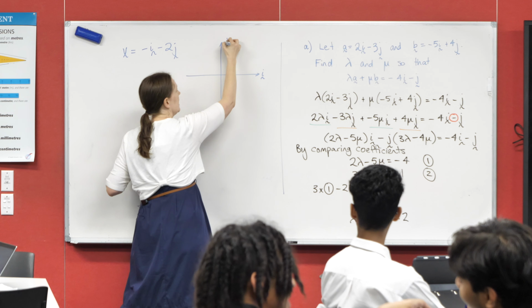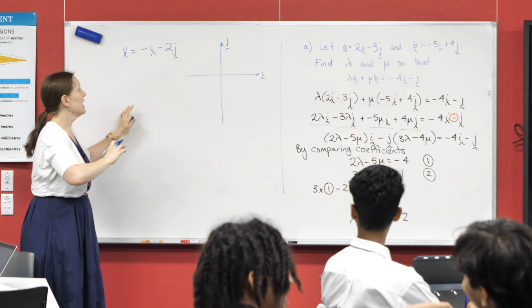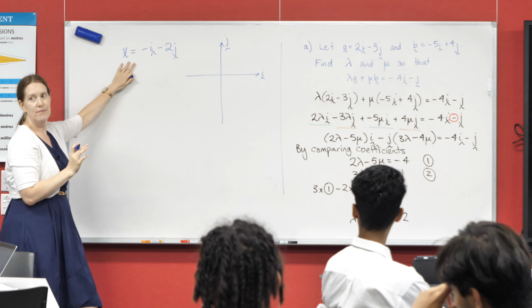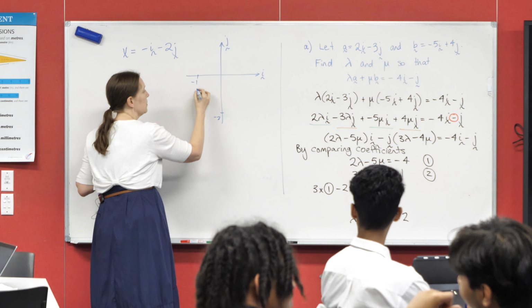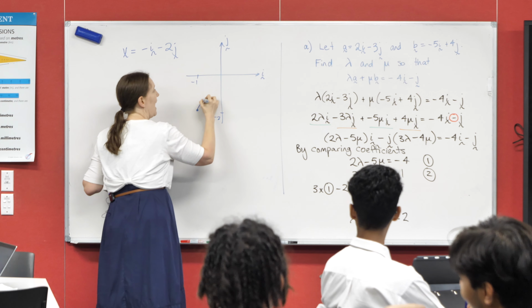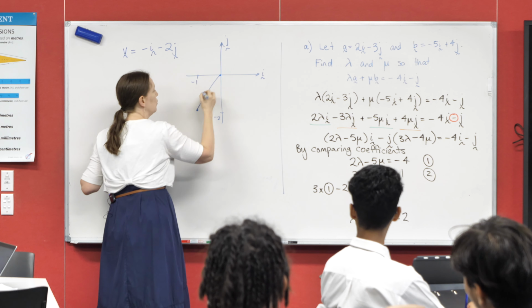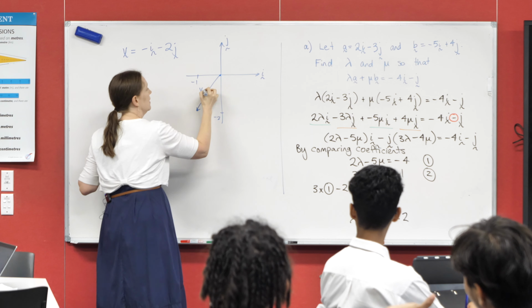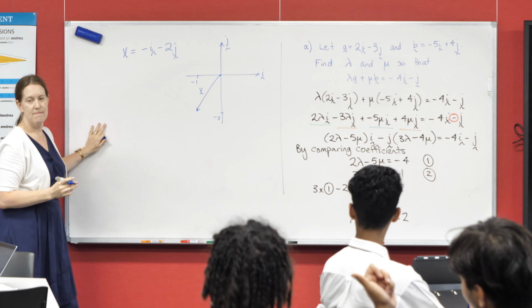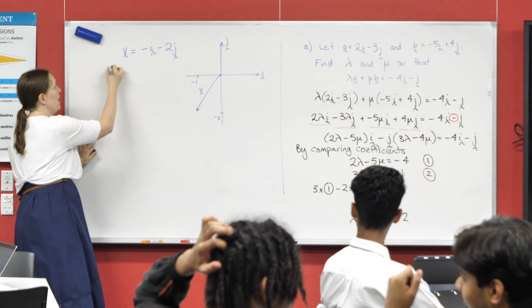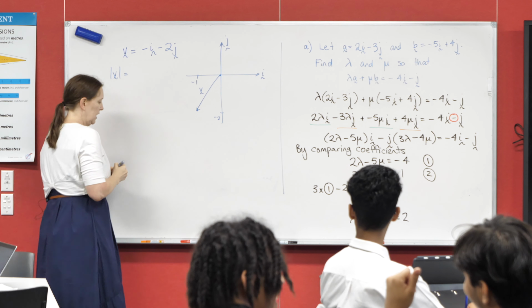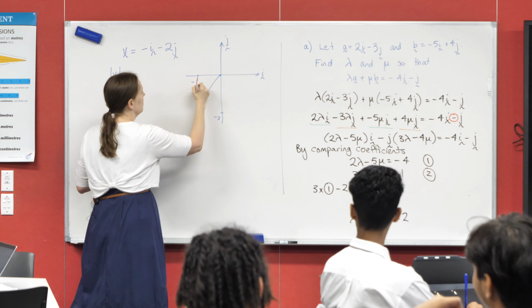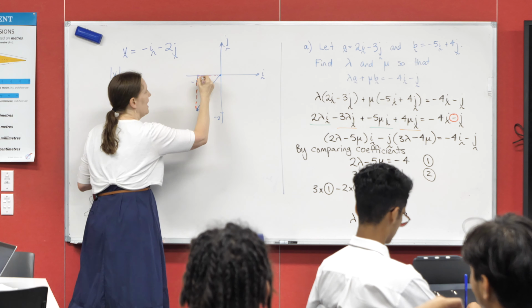Notice we're in our i and our j direction, where is this vector? Quadrant 3, minus 1, minus 2. And that is useful for us to actually see. Because when I now ask you what the magnitude of this vector is, we're looking, Varshan, at a right angle triangle.